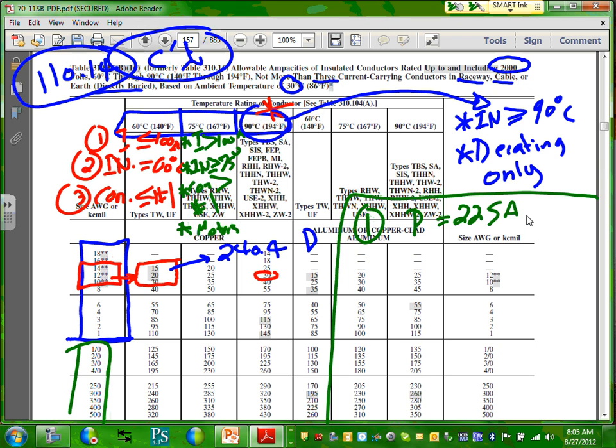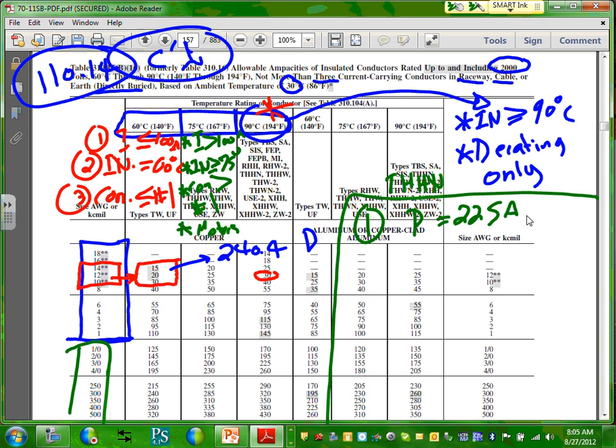I put a 225 amp circuit breaker, and I need to find a conductor to feed it. The conductors I'm using for all these examples are THHN, because that's typical. Can anybody tell me what size conductor I need for a 225 amp panel, which column, and why? 3-aught, why?